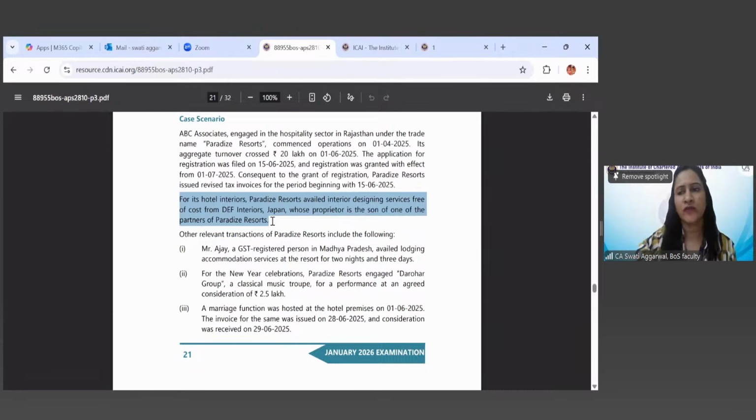So the event will fall in Schedule 1 of the CGST Act 2017, because as we know, activities or transactions to be considered as supply even if made without consideration are adequately covered in Schedule 1 to the CGST Act 2017. And here no consideration is involved. That is why Schedule 1 of the CGST Act 2017 gets invoked. And this is covered as importation of services from a related person.